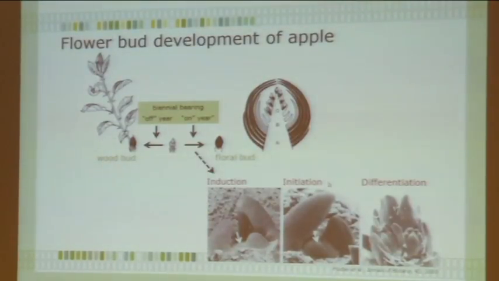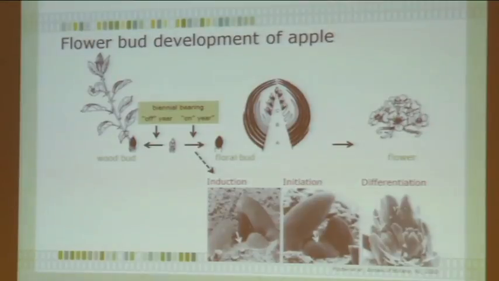The second phase is the initiation, when distinct morphological changes occur, for example, here the doming of the meristem. And finally, we have the differentiation process, where a flower fully starts to develop over time and is ready to flower in the following spring.